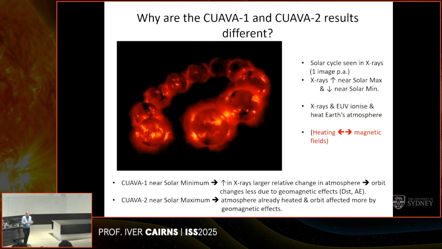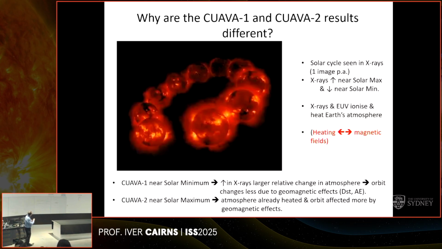Probably not. It's probably going to be just a little difference, because I've already got lots of X-rays and ultraviolet light, lots of heating of the atmosphere, so it's going to be puffed up a lot. So really, the direct solar driving probably doesn't matter in this particular case. But here, even a modest change might give you big differences. And I think that is the explanation of the difference.